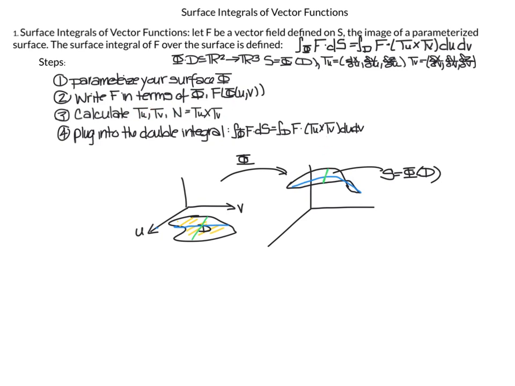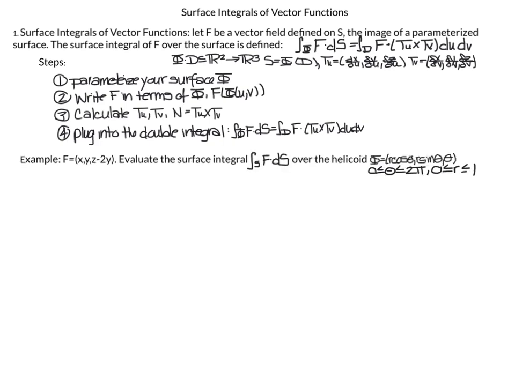So you're going to calculate T with respect to u, T with respect to v, and then do the cross product. Finally, you're going to plug these components into your formula: F composed with phi, dotted with your normal vector. An example will make this more clear.